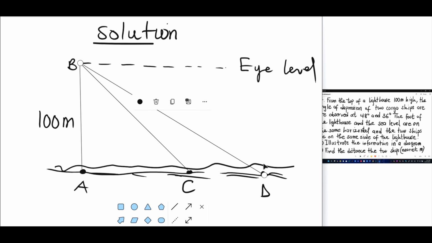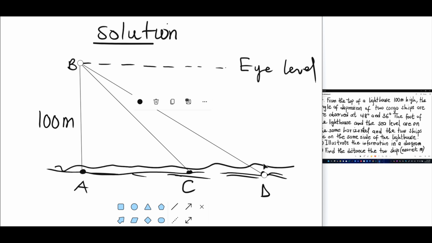All right. So when you have two angles of depression at the same side, the bigger angle is closer to the vertical. The bigger angle is always closer to the vertical. All right. So this becomes the diagram for the given information. So we have to illustrate the given information in the diagram.